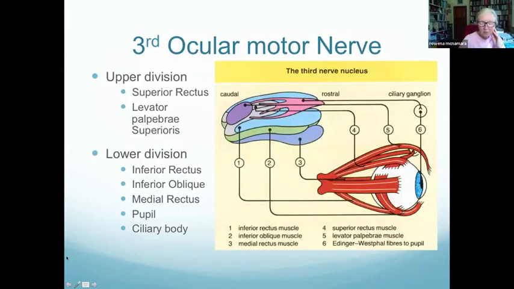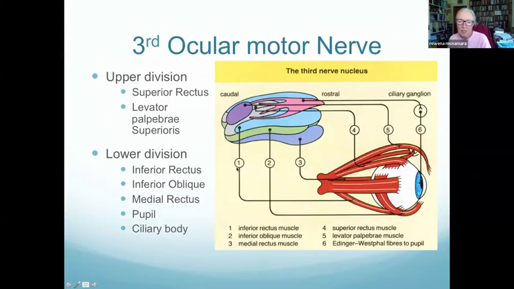So the third nerve anatomy is that there's a third nerve nucleus in the midbrain, and there are different sections in the third nerve nucleus on the right side and also on the left side of the brain. And each section, each subnucleus, has a job of innervating one of the muscles.